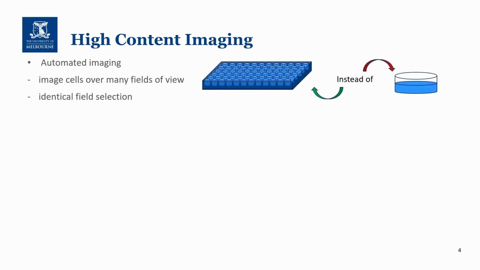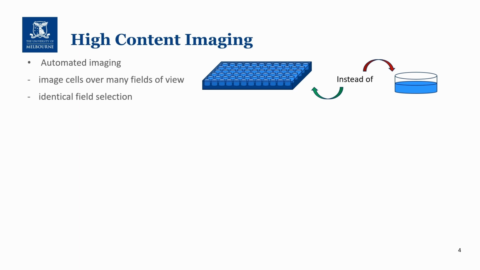The biggest difference with high content screening compared to a more conventional approach to microscopy is the level of automation. Automated imaging allows the user to image multiple fields of view and therefore many more cells. By keeping the field of view selection identical, this also removes any bias between wells.